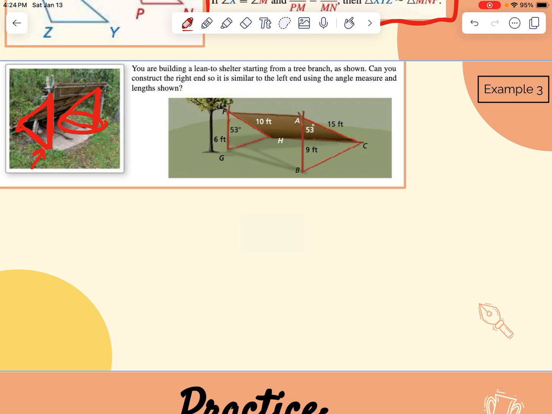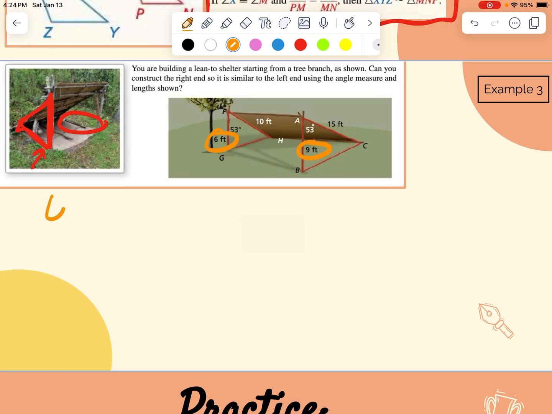So you measure some things, you get out your compass and protractor, and you find out that's 53 degrees, and then you measure everything again, and you're like, hey, are these actually similar like I thought? So you've got your two triangles, and we know that we're looking at this side and this side, and this side. So let's see if the orange sides are similar.